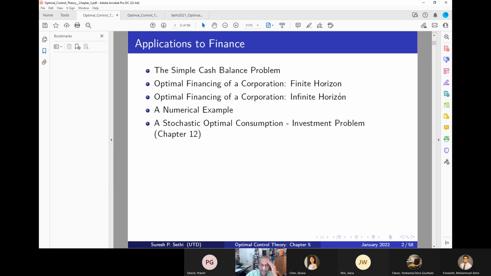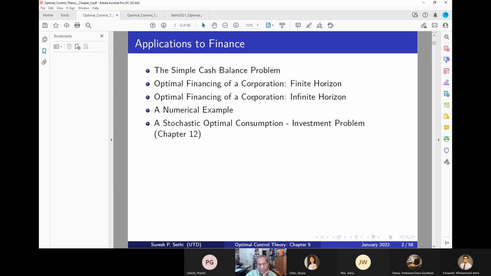That will be done for finite and infinite horizon. There'll be a numerical example, and that problem of financing will eventually also, we will be working on an investment problem in chapter 12, which will be stochastic. So first of all, the entire chapter is not stochastic.